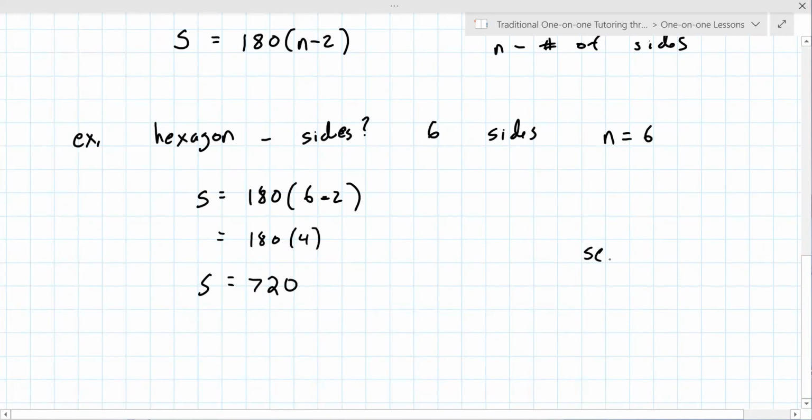So I'd mentioned there are all these different names. There's septagon, there's octagon, and then after 10 sides, do you remember what the convention is?